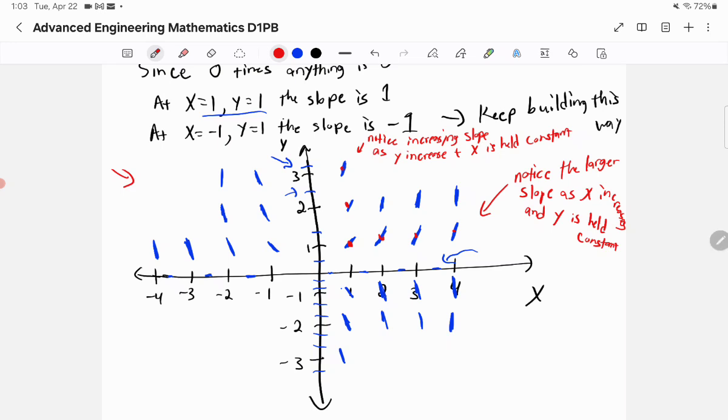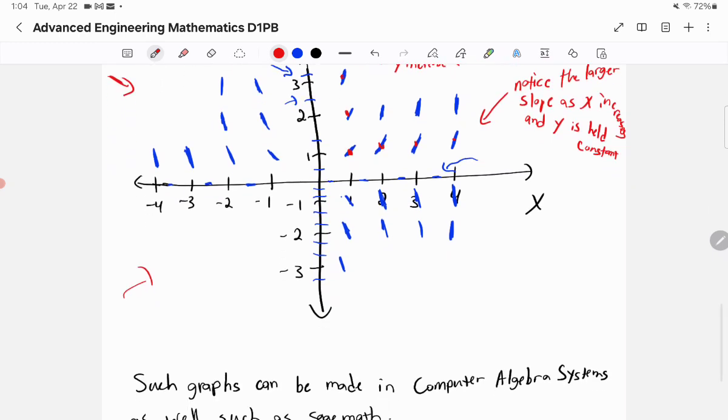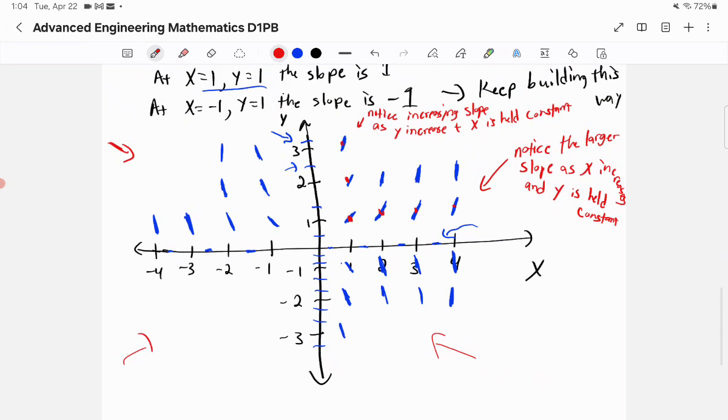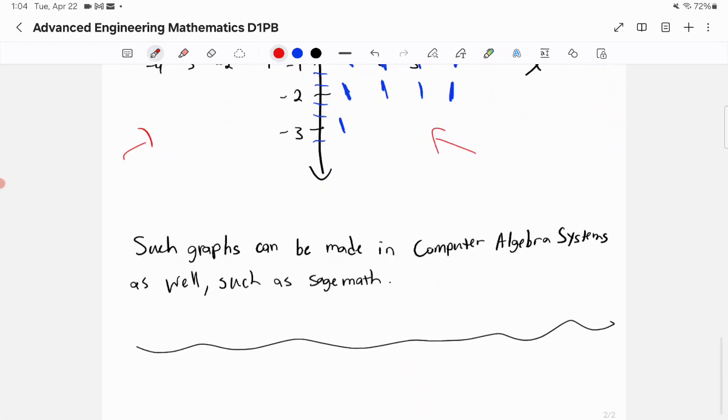So in this quadrant that I've pointed out, I'm always going to have a negative slope. Down here I would have a positive slope again. I didn't draw in the lines there, but you could definitely do them yourself, the little line segments. And over here again, it's going to have negative slopes, because the y value is negative and the x value is positive. So when they multiply each other, they become negative, and so on.